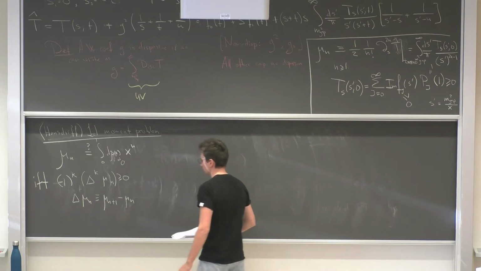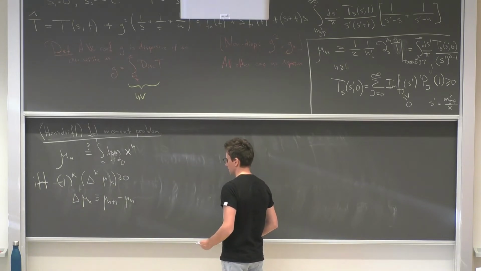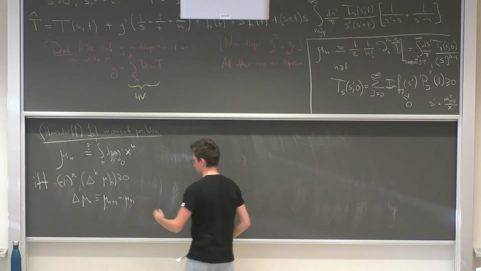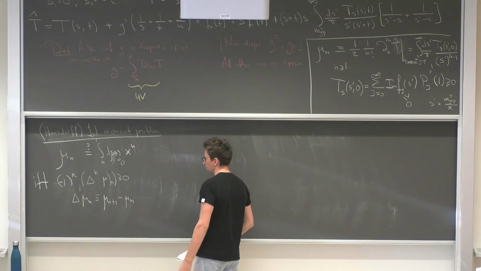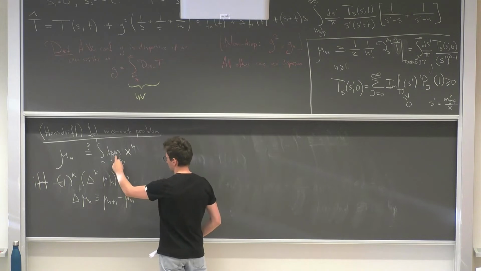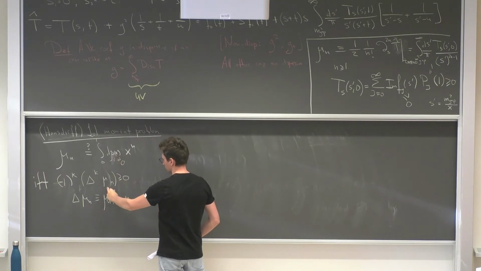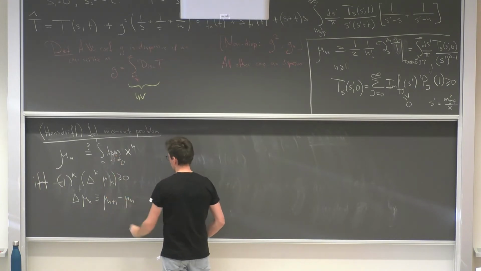Let me briefly check that this is indeed the case, so that it's not a mystery for you. Going in one direction, let's say you're given a non-negative rho. How do you show that this is positive? This is easy.